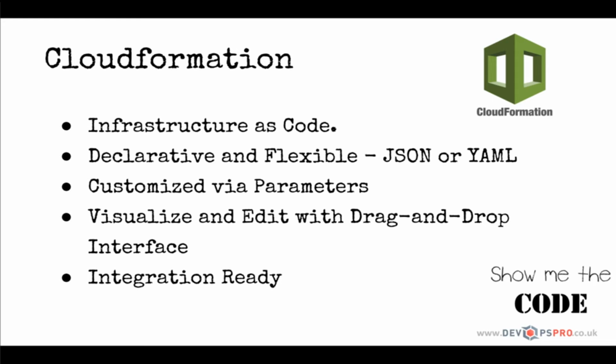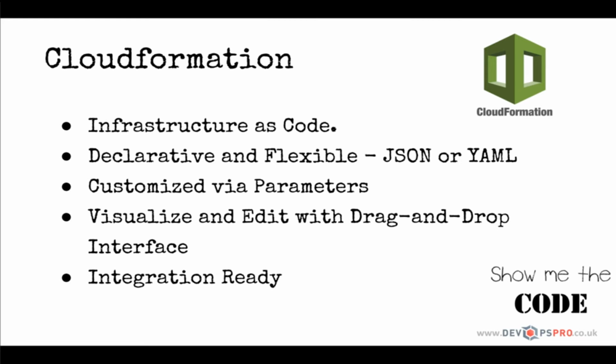CloudFormation has a nice feature called the drag and drop interface, which basically allows me to create my infrastructure as code using a visual editor. Afterwards I just download the file, and I also have the file with me, and it's integration ready, which means it's supported by Amazon and it covers all their services.